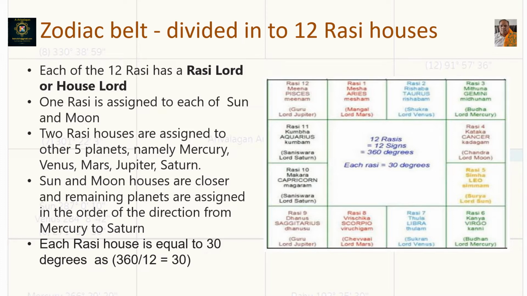But in astrology, what they normally do is first consider the number 1 as the time cycle, the time wheel. The time wheel starts from the Mesh Rasi based on the Sun's movement. That is, in the beginning of the summer, the Sun comes closer to the earth when it is in the Mesh Rasi.